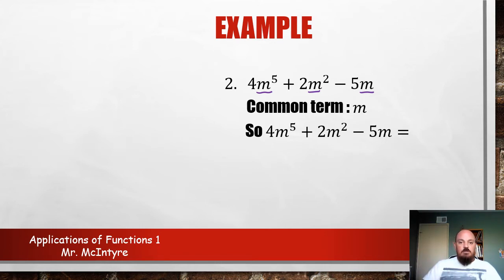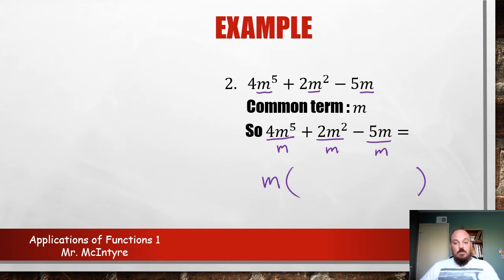All right, so our original problem, 4m to the 5th plus 2m squared minus 5m equals, well, this is what we're going to do. Remember, when you're doing distributive property, you're multiplying. When you're factoring, you're dividing. So I want to divide each of these by m. And when you divide it, it doesn't just disappear. It comes out in front of the parentheses.